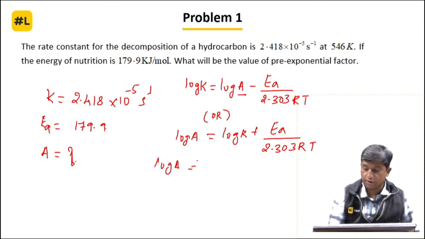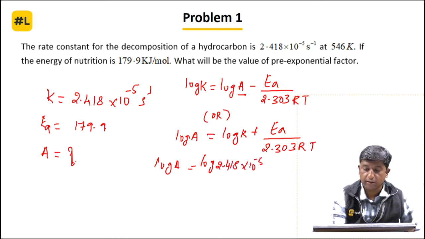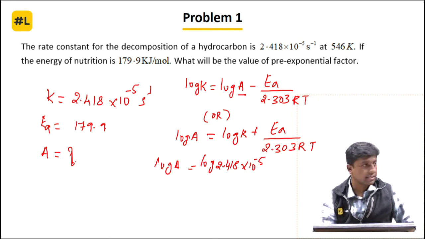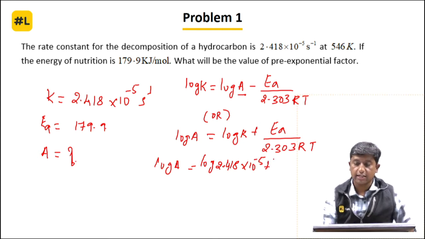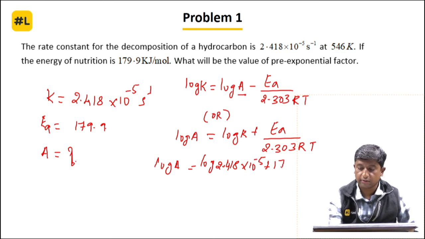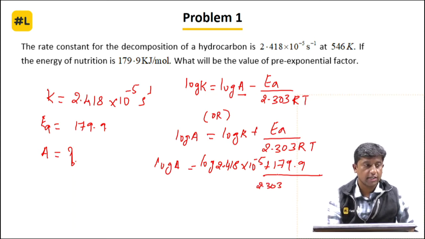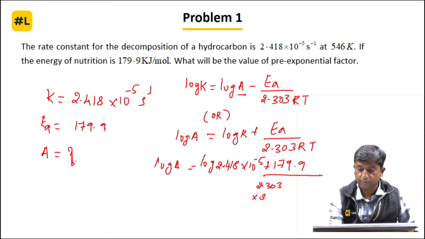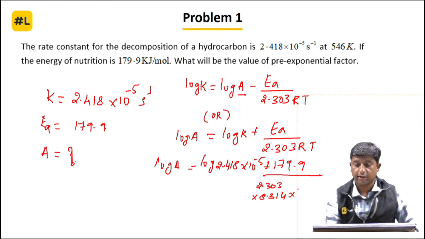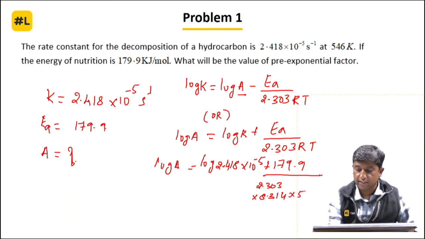Log of A will be equal to log of 2.418 into 10 power minus 5 plus 179.9 divided by 2.303 into 8.314 into temperature, which they have given, 546.